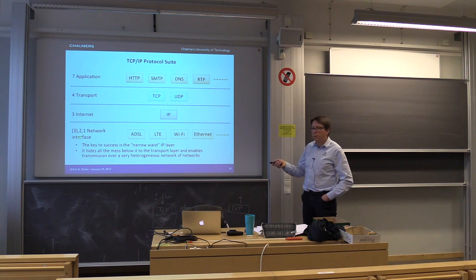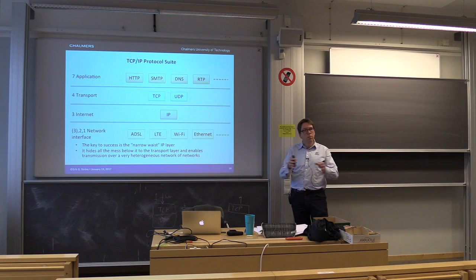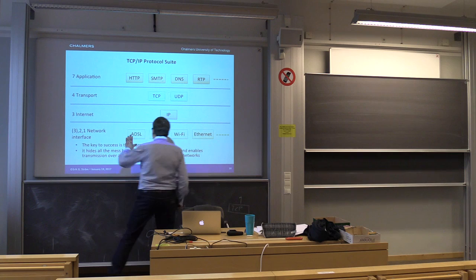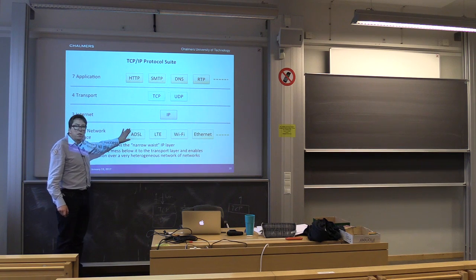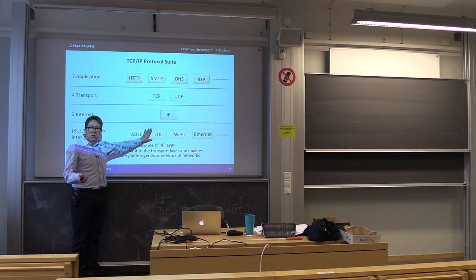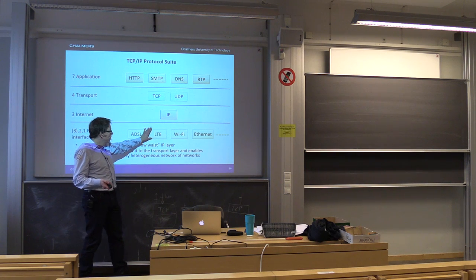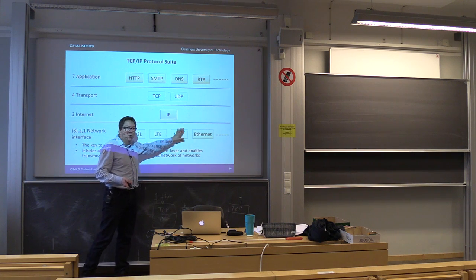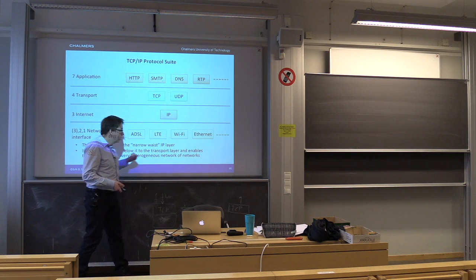And then at the bottom here, we have a big mess in the sense that there are many network technologies. Everything from your ADSL modem, if you still have one, or fiber modem. There's cellular, LTE, 3G, 2G, maybe even, not 1G, 2G for sure. We have Wi-Fi, we have Ethernet, and many other things here.